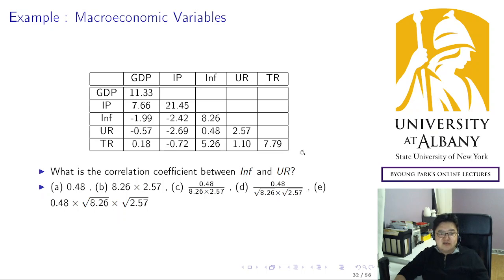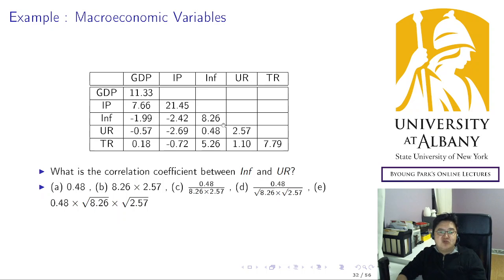The answer is, the correlation coefficient is covariance divided by the standard deviations. And the covariance is given. This is the covariance, 0.48. Then you need to find the standard deviations, which can be obtained from the variances.